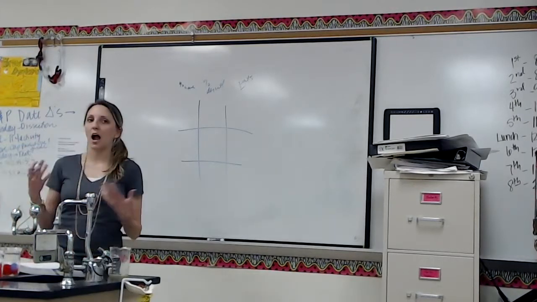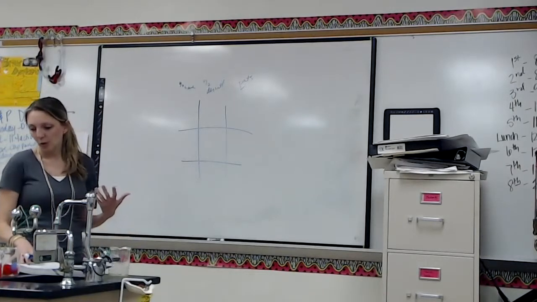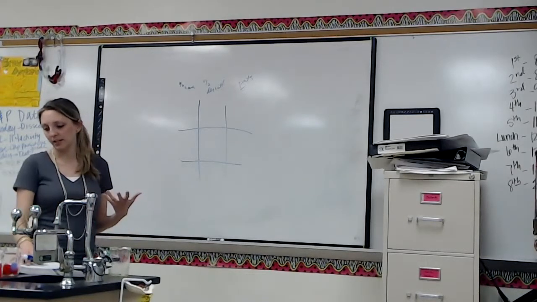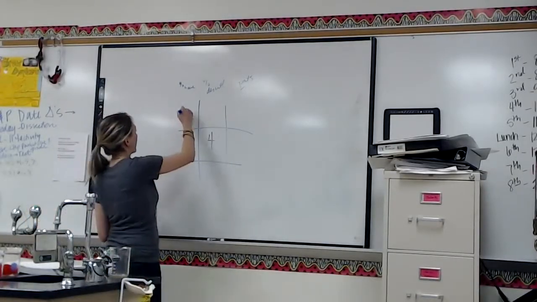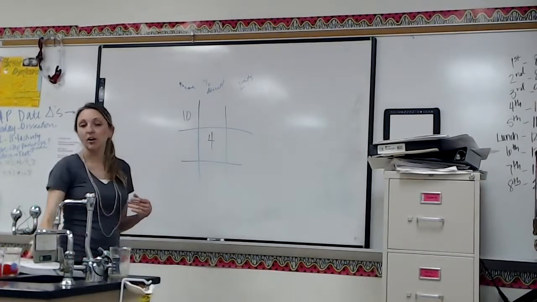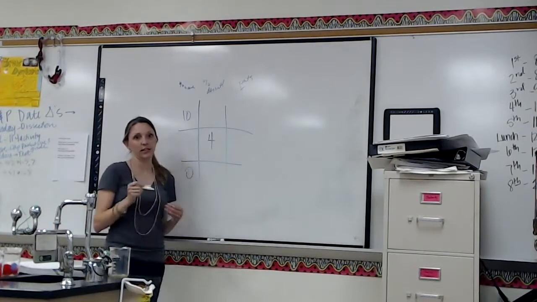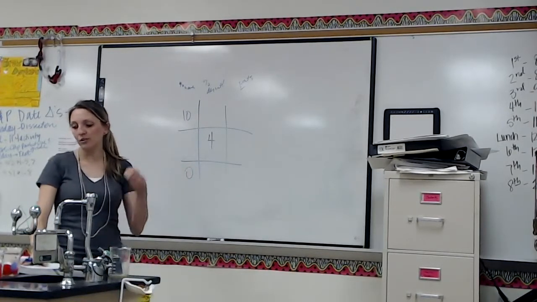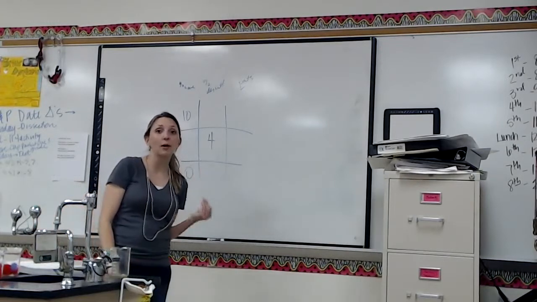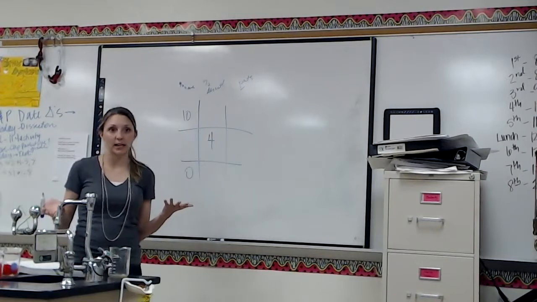So let's just figure out how much we actually need to get there. 4% is what we want. And we're going to take our 10% of our other solution, and our base that we're going to end up mixing it with has 0%, if that makes sense. Because in this particular problem, we're mixing a stock medication with some kind of base that doesn't have any active ingredient in it.